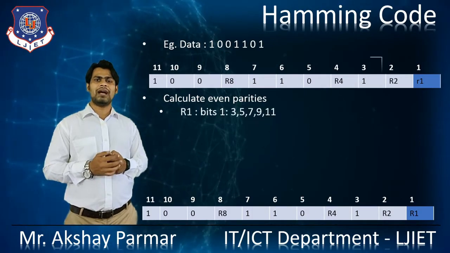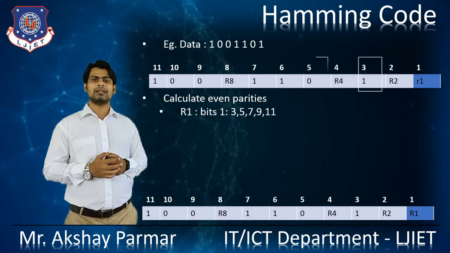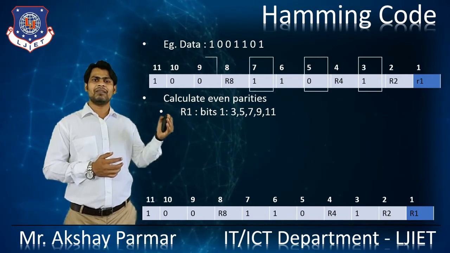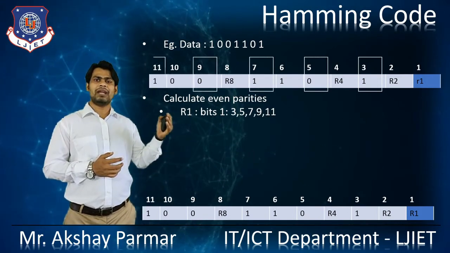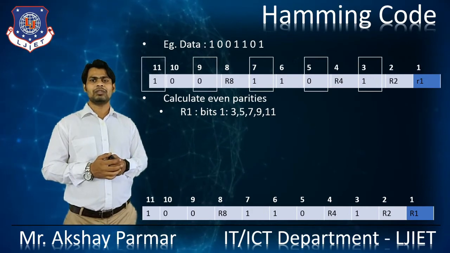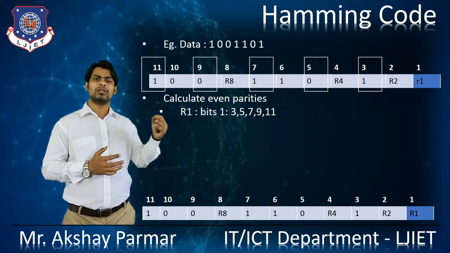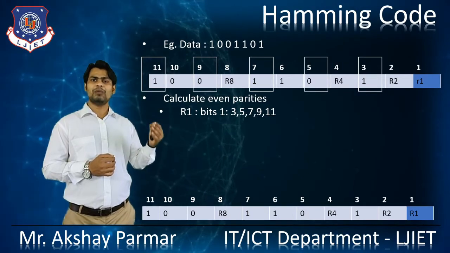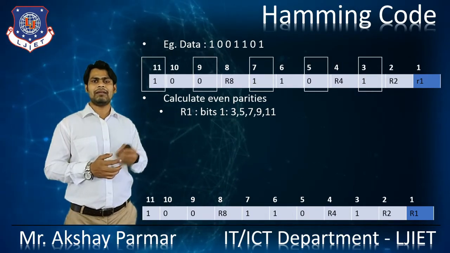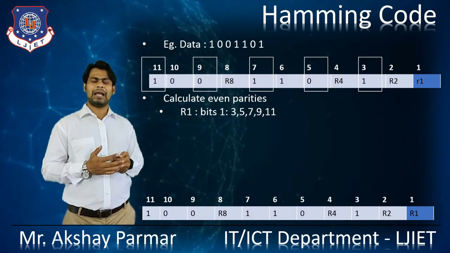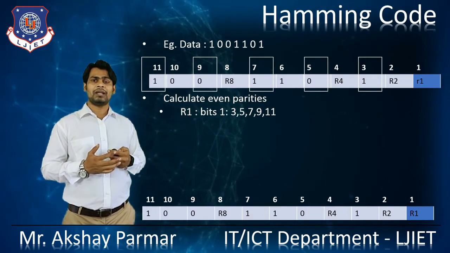For R1, we take the data bits at positions 3, 5, 7, 9 and 11, right? So what are the values stored at positions 11, 9, 7, 5 and 3?